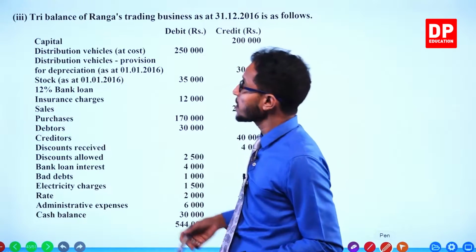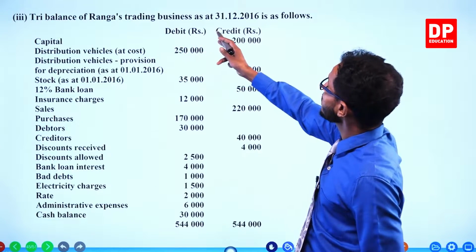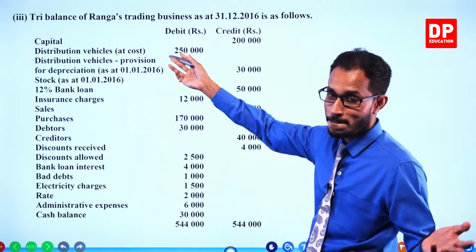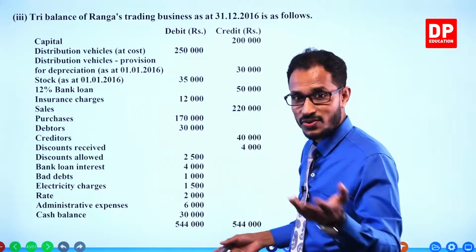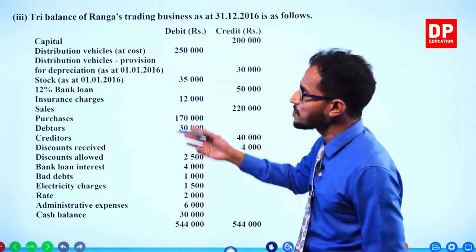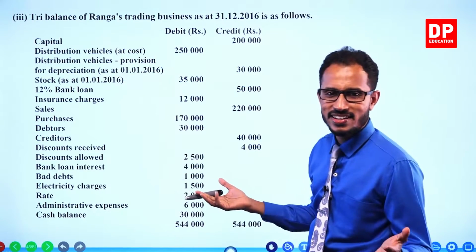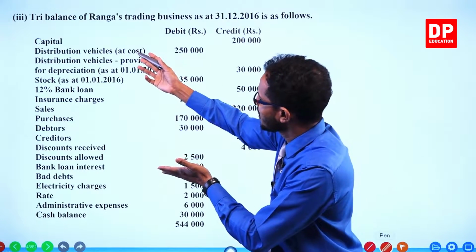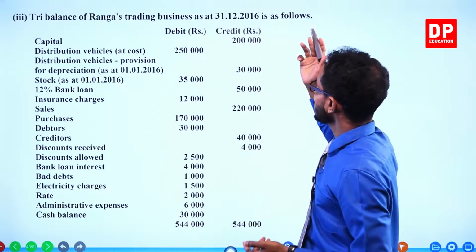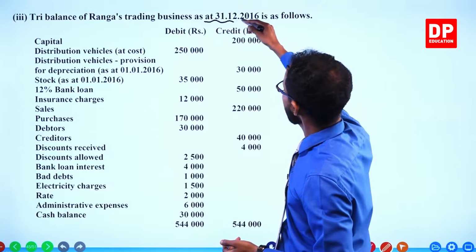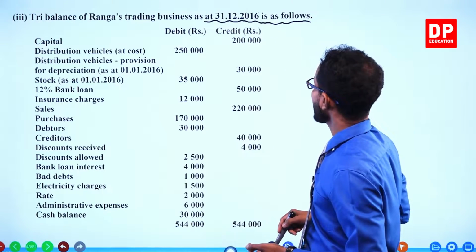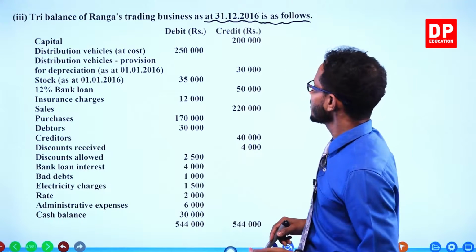Let's get started. Trial balance of Ranga's trading business. I'm serious. It's fun, right? Preparing financial statements. Ranga's business, children, as at 31st December 2016, it is given the trial balance.